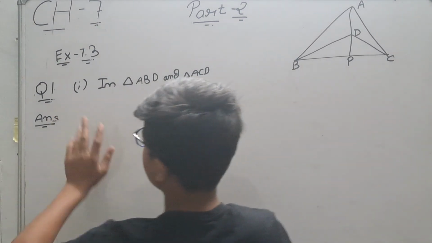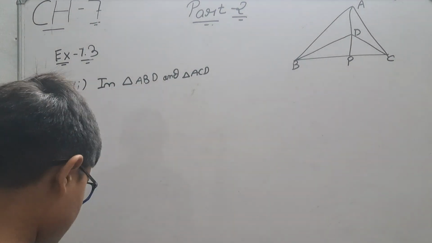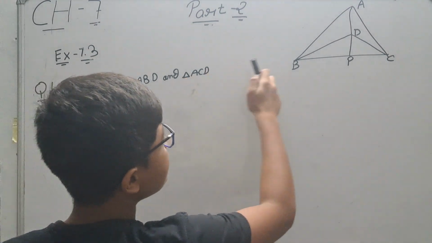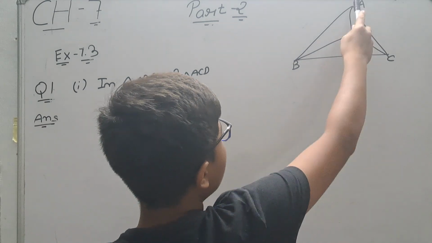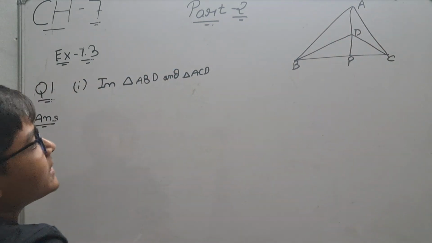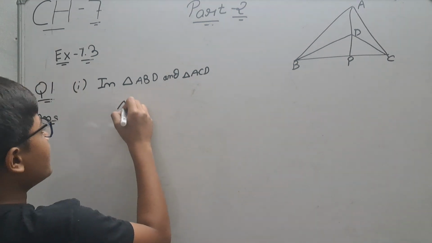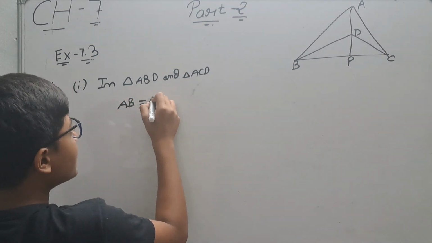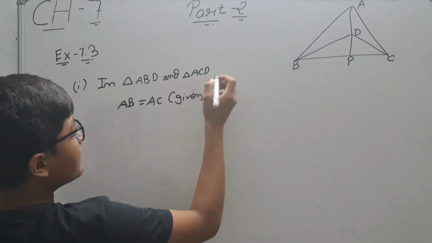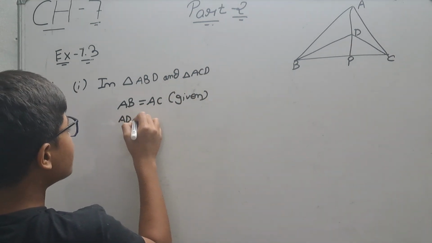Students, now let's continue exercise 7.3, question number 1, part 1. In part 1, we have to prove triangle ABD congruent to triangle ACD. So how will we prove the congruence? First of all, AB is equal to AC, they are given as equal. Now AD is common.